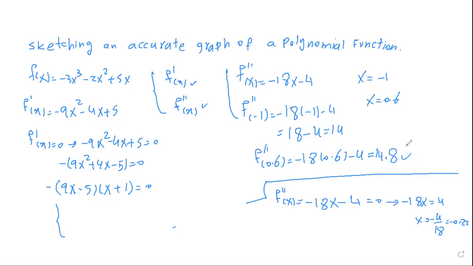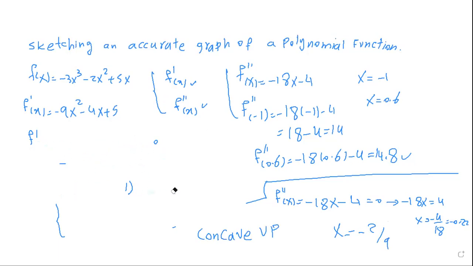Then we try to determine concave up and concave down. The root of f'' gives us x equal to negative 2/9. Concave up where? Let me write for you here. This is a good example. At least we do one good example, gives us an idea.